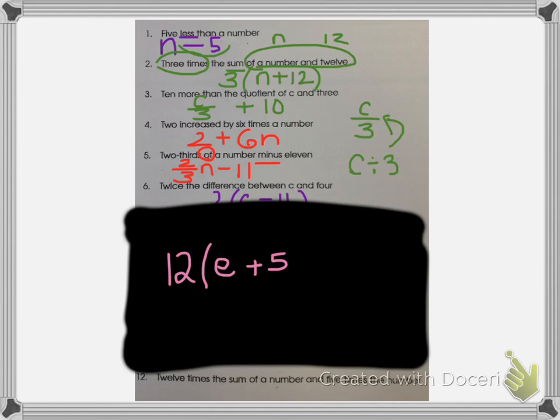So 5E. That's 5 times the number. It's 12 times the sum of E plus 5E. And a period at the end of that. Right there, 12 times E plus 5E. And that's it. We finished. We did it. We rocked this.